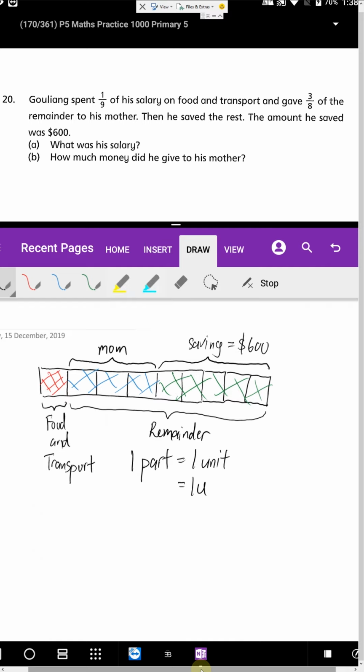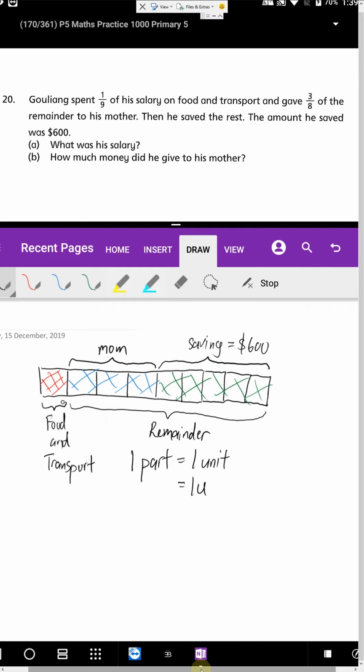Fraction, ratio, or these kinds of parts and units are telling you the comparison between two items. It doesn't reflect the exact value of those items. It just tells you that this item is how many times more than the other item.